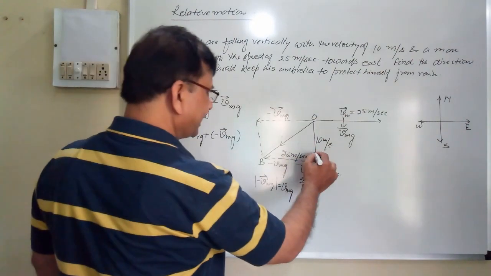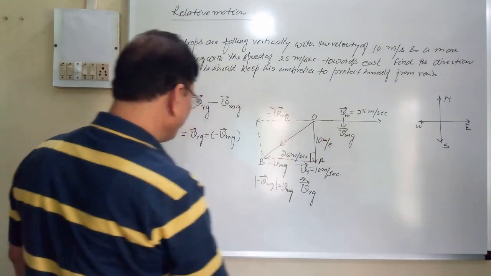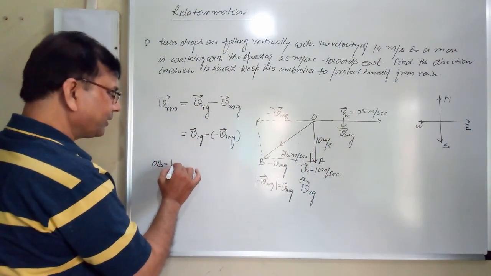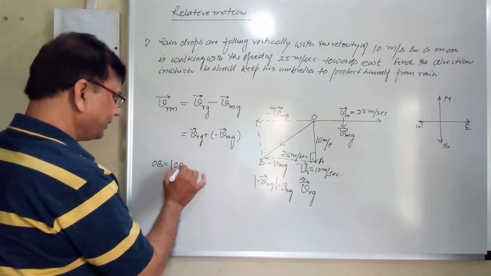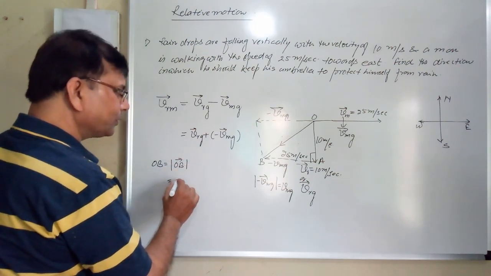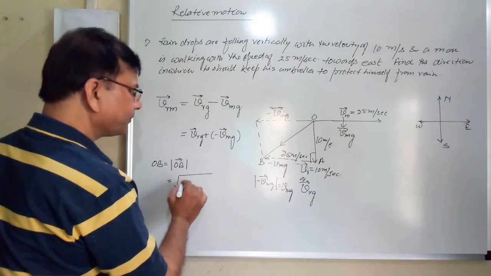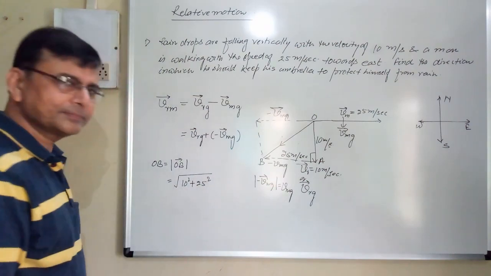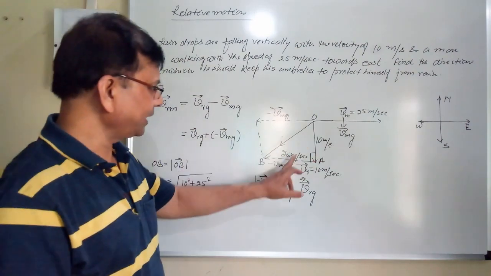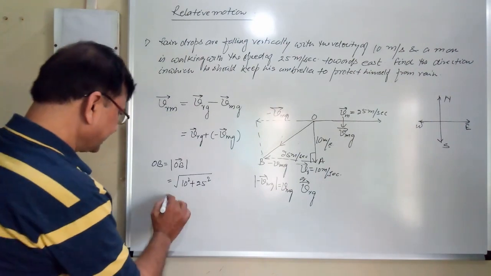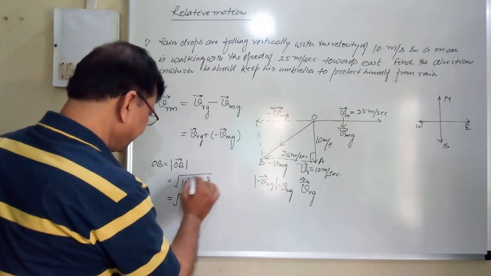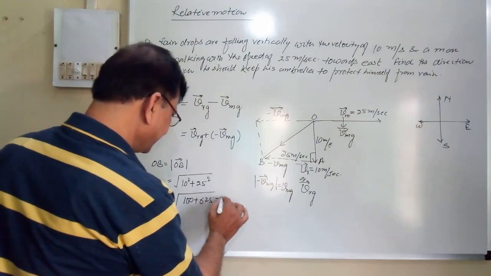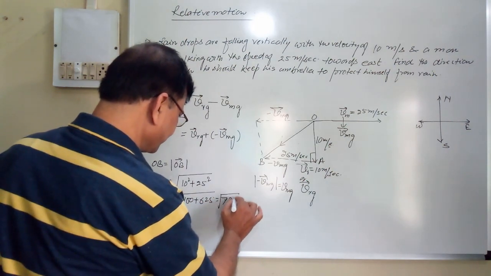So in this right angle triangle, this is 90 degrees. What is OB? OB is equal to the magnitude of vector OB, that is equal to under root 10 square plus 25 square, isn't it? This square plus this square is equal to this square, that is under root 100 plus 625, that is under root 725.